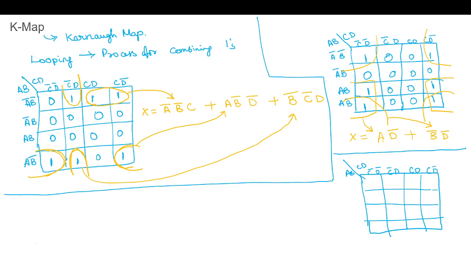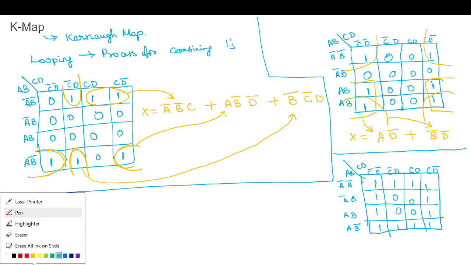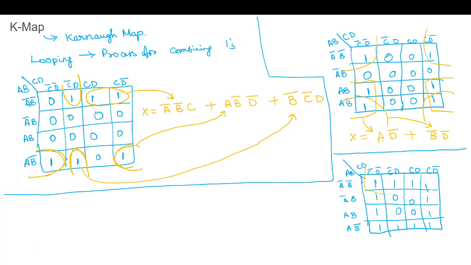It is due to the gray coding, and in gray coding, every successive number has a 1 bit change. So if we consider this to be 1, then to form a group of 8, we can have it like this, and similarly in both the horizontal and vertical direction.